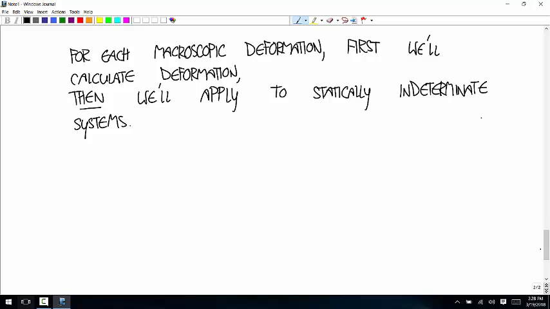So here's the thing with statically indeterminate systems. Motivation, this is the idea behind it.